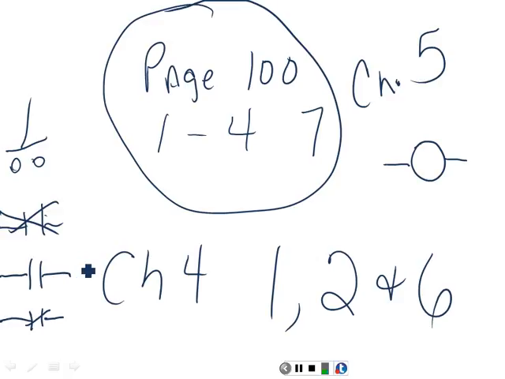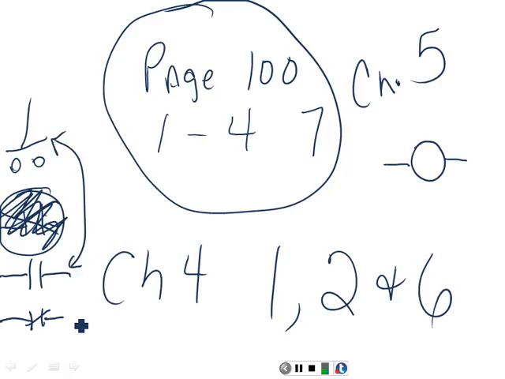Right here? This one? Okay, this one is a no-no. That was a bad drawing. And this one? Yeah, that's a normally closed. So this would be the same as this, and this would be the same as, let me draw it correctly.